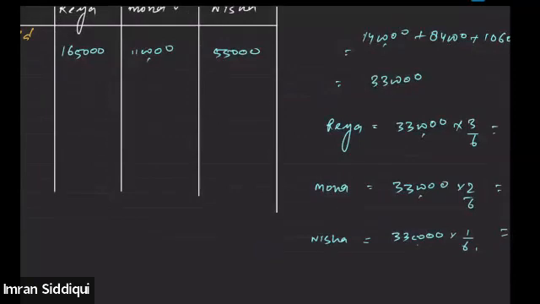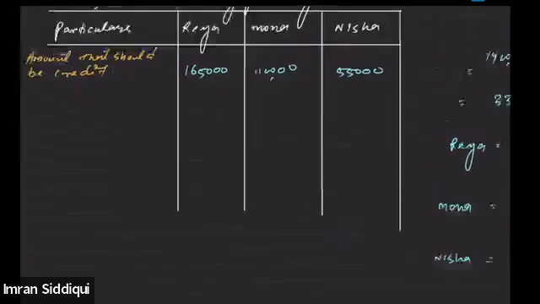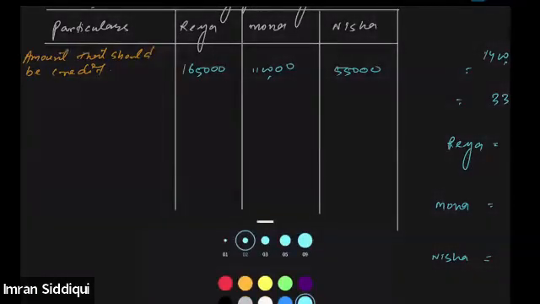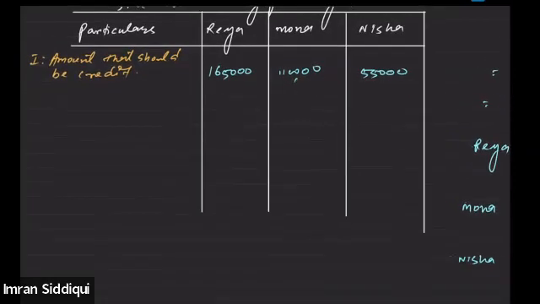But we have distributed the profit in the equal proportion. So we'll write down the second component now. Amount actually credited.